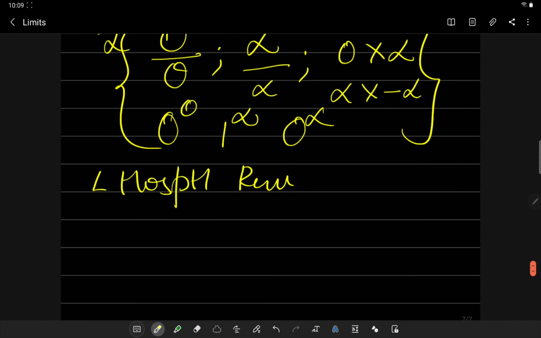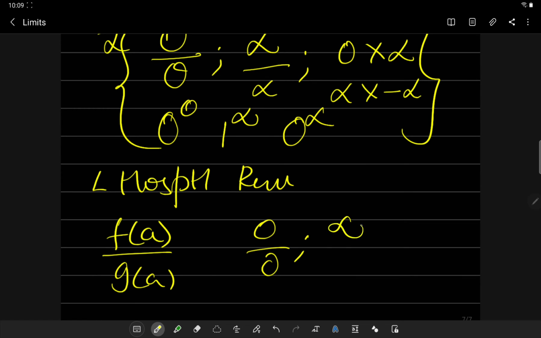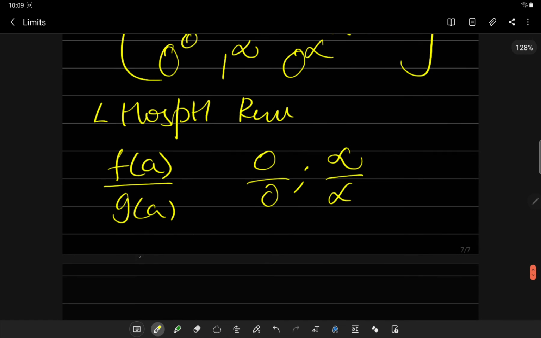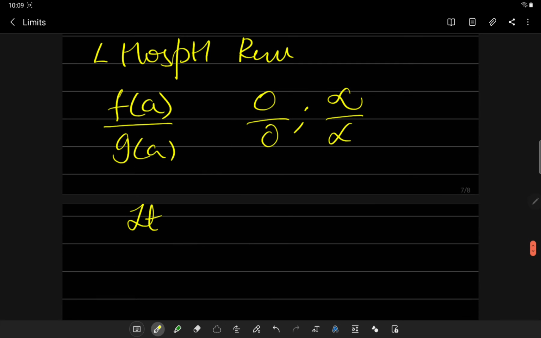Now what exactly is this? If there is a function with numerator and denominator in the form f of a by g of a, and if you directly substitute the limit value, if it is in the form of 0 by 0 or infinity by infinity, simply take the derivative.